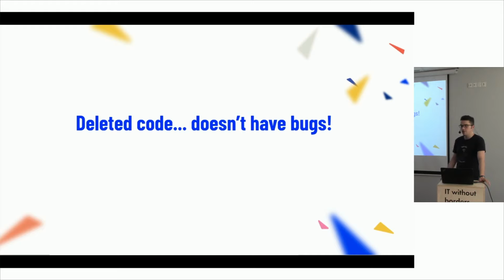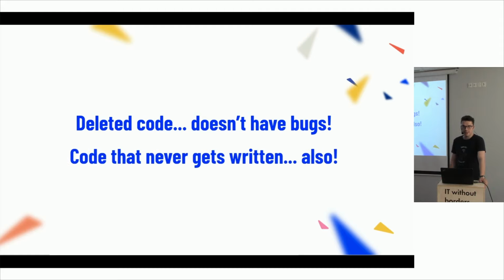And it is so important because deleted code doesn't have bugs anymore, and code that never gets written never had any bugs. So this is a good selling point for me and for the entire team to invest time, so clients' money, into this learning about hooks on the job.